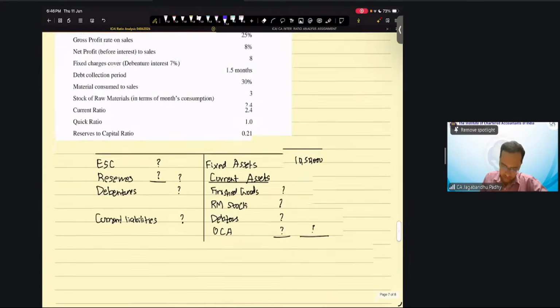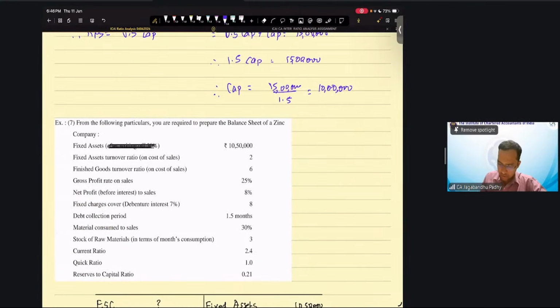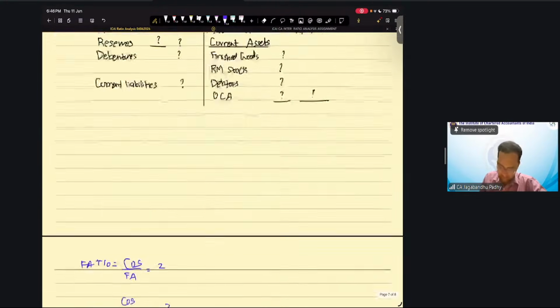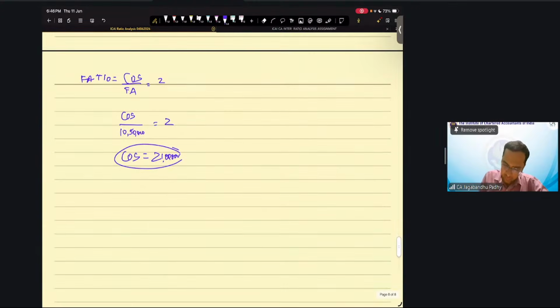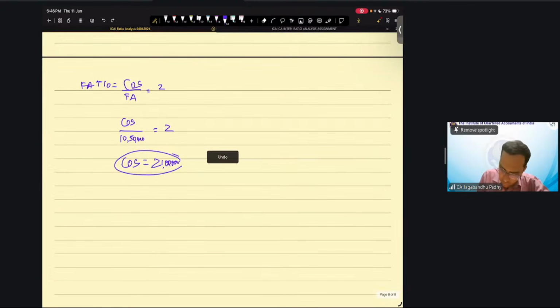Now the question gives us the finished goods turnover ratio as 6 times, which is cost of sales upon finished goods stock. So we know cost of sales is 21 lakhs upon finished goods is 6.